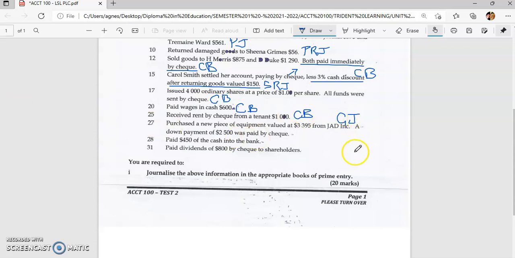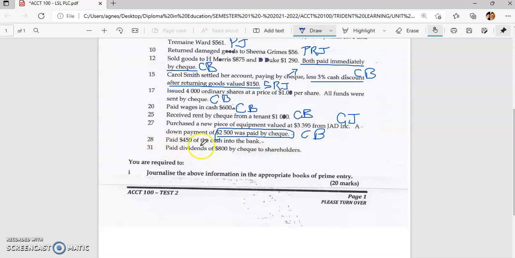And since a down payment was made to JAD Inc. by check, we are going to record this payment to JAD Inc. in the cash book. Okay.